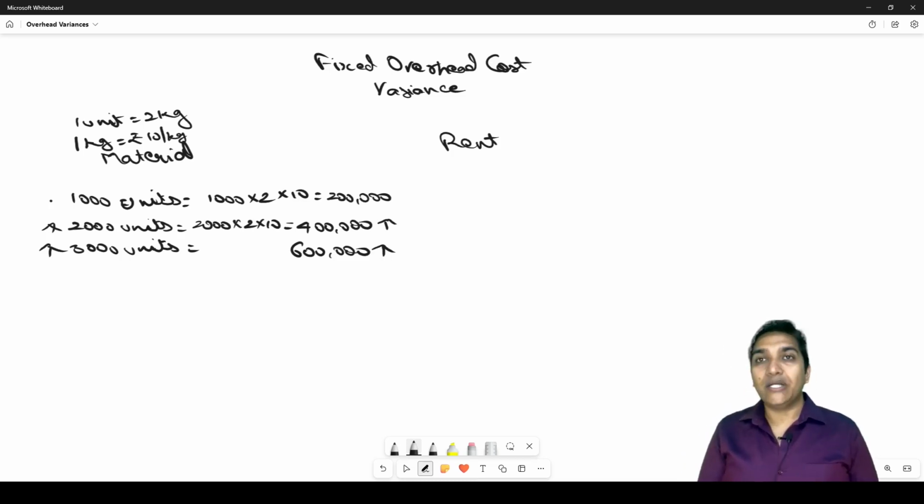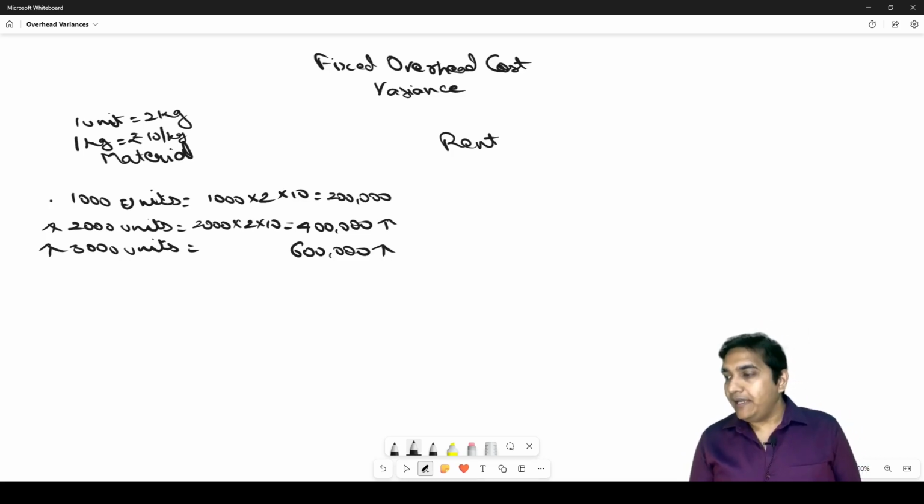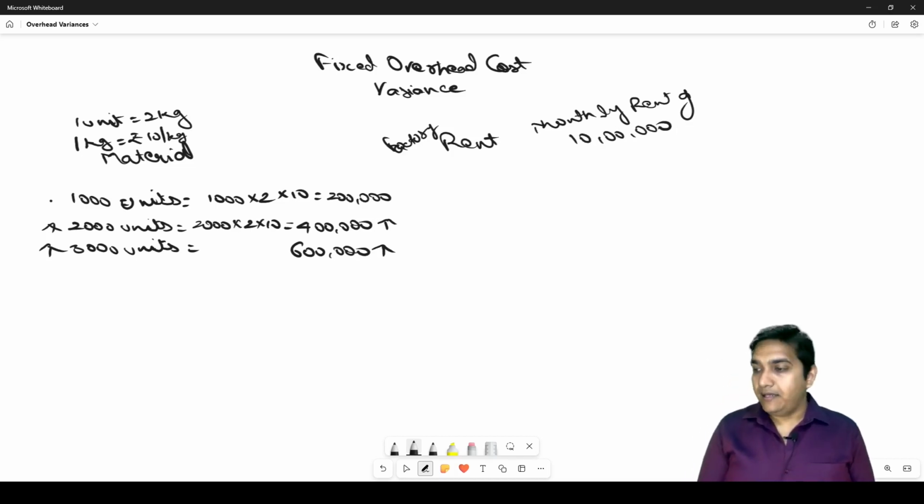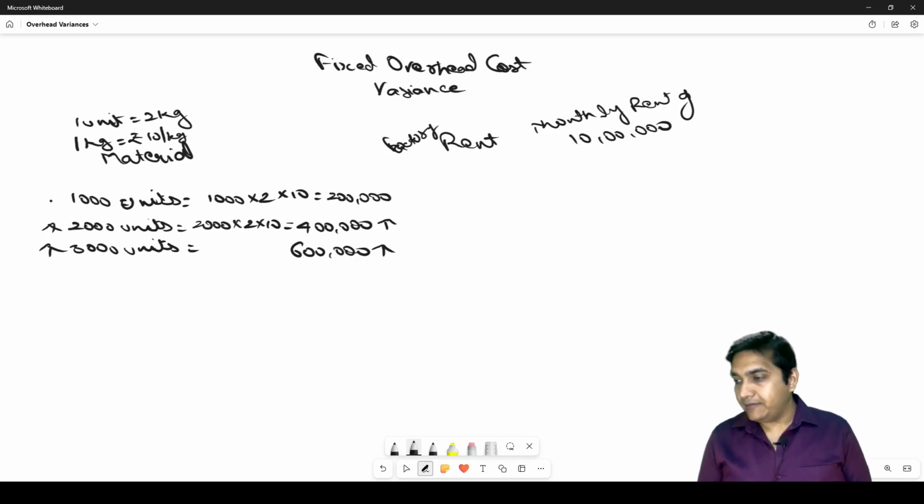However, now let us look at rent. So I have a factory for which I am paying, let's say, monthly. I enter into an agreement for monthly rent of, let's say, 10 lakhs. Now if I manufacture 1000 units, I have to pay 10 lakhs.